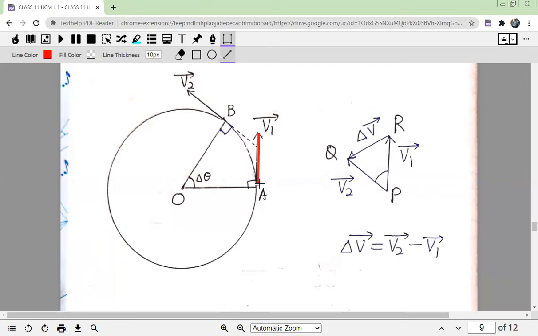This arrow is representing the velocity at the point A. While the velocity at the point B, as we know that velocity is along the tangent, is shown by this arrow. This arrow is representing the velocity at the point B.